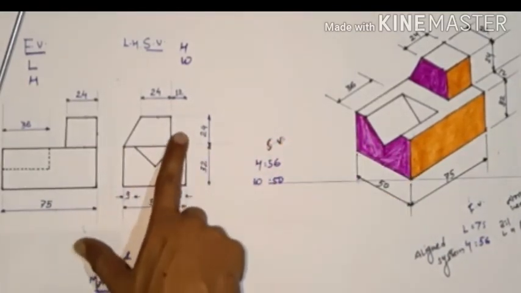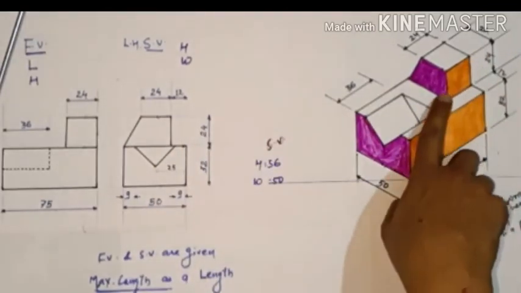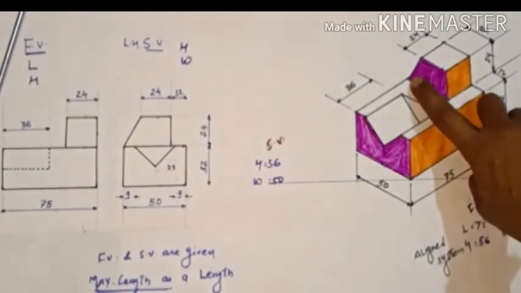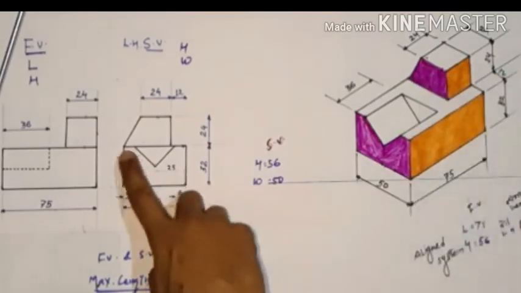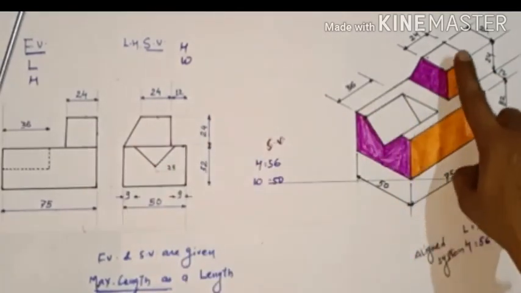This side is complete, and this portion is left. So this portion is left, and this is your like this, and you can easily see that some kind of angle is here, which is this. Okay, now the remaining portion is your top view.